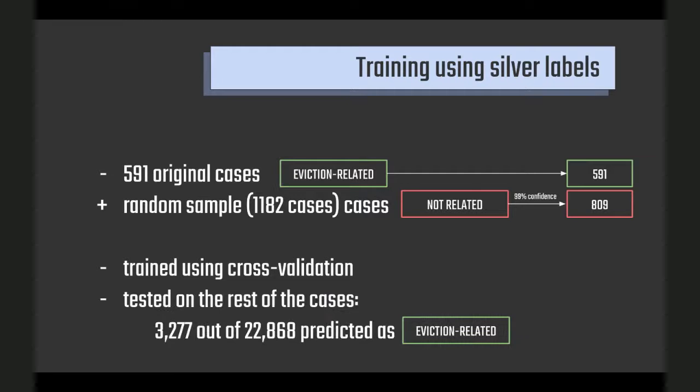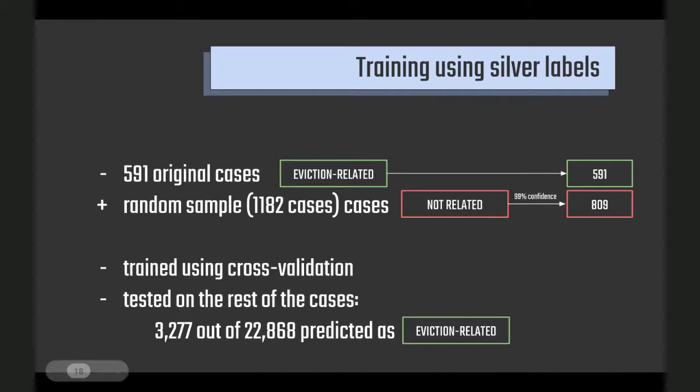the next system. So basically what we did then, we took all this data and we wrote a simple code to try to sort the rest of the cases that we had between 2000 and 2020 into the ones that belong to the eviction related or not related category.